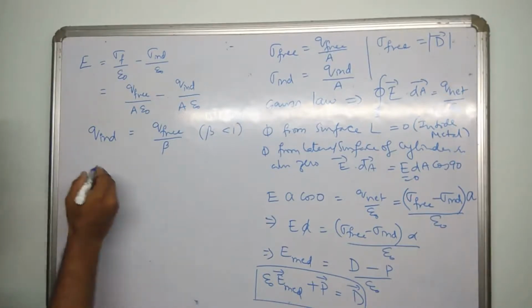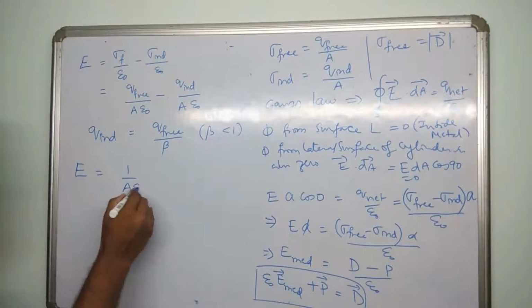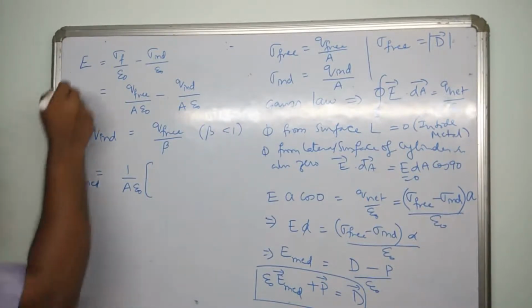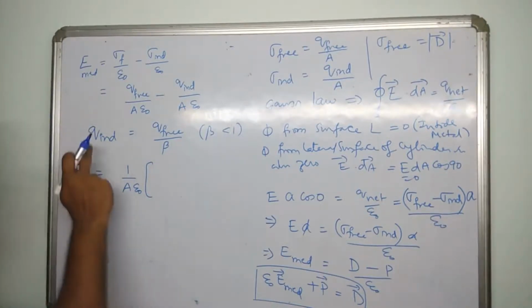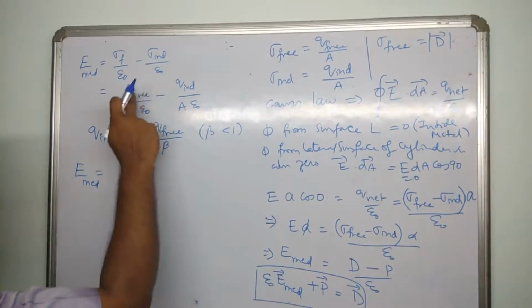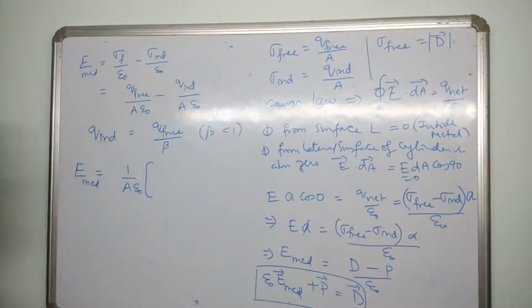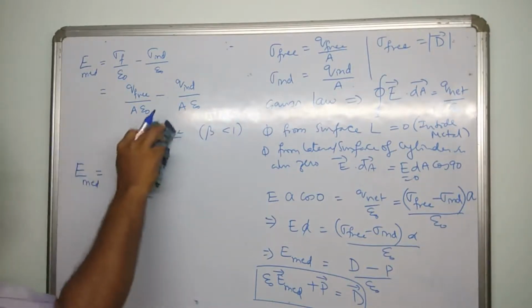So E medium is equal to 1 by A epsilon naught times Q free minus Q induced. Sorry, I have made a mistake.